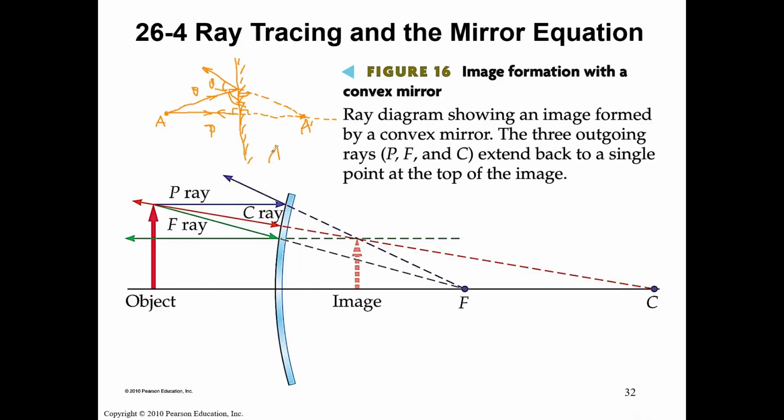So by angle-side-angle, we know that triangle ABC is the same as triangle A prime BC. From there, we derive that AC is equal to A prime C. We can also derive that the image size is the same as the object size for a plane mirror. So the ray tracing also works for a plane mirror.